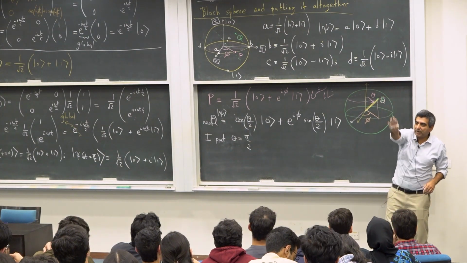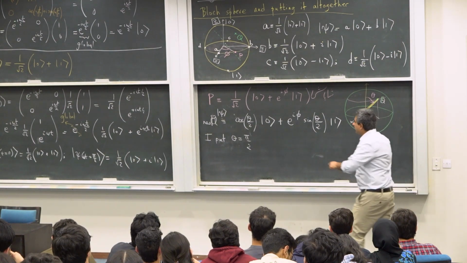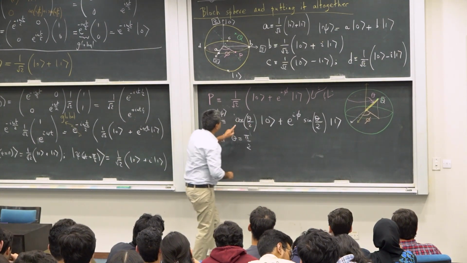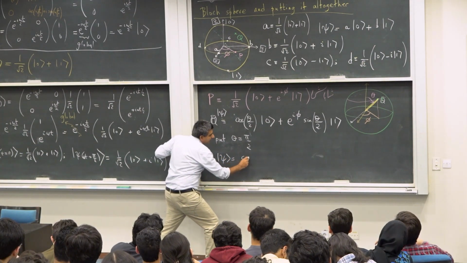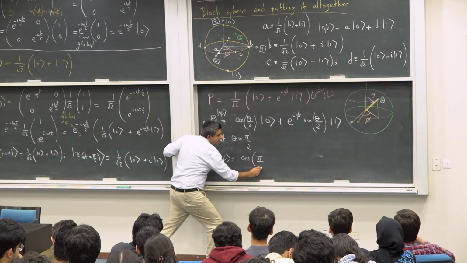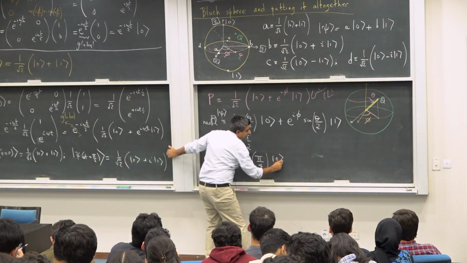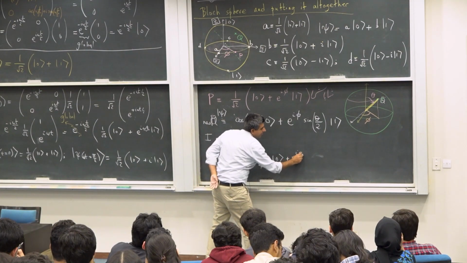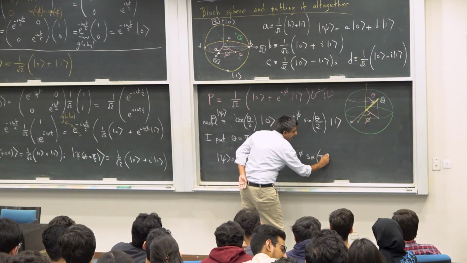How much do I need to come down to reach the equator? 90 degrees. So if I put theta equals 90 degrees here, the quantum state turns out as cosine of pi by 4 ket 0 plus e^(i phi) sine of pi by 4 ket 1.